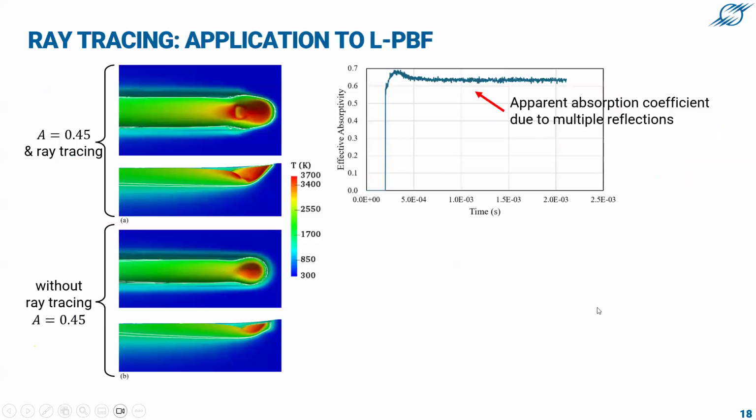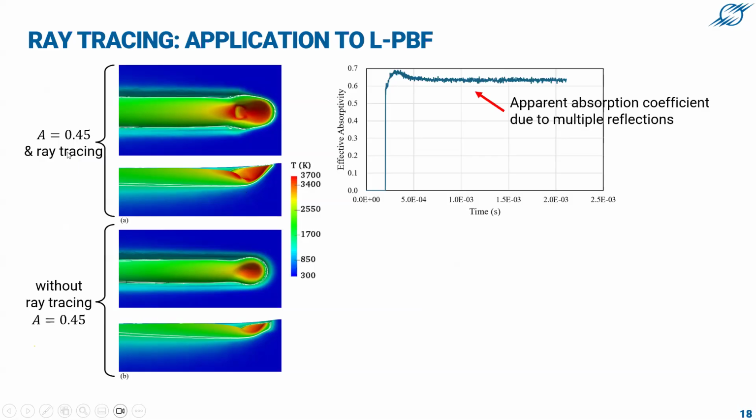Okay, so just an illustration. Without ray tracing, if A is 0.45, you have these results. This is a top view. This is a longitudinal view. You can see that, yes, the surface is deflected.